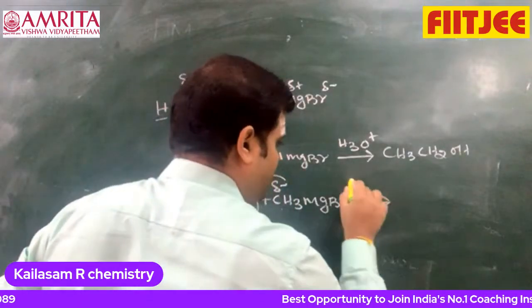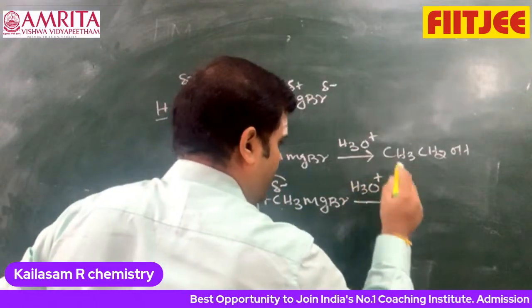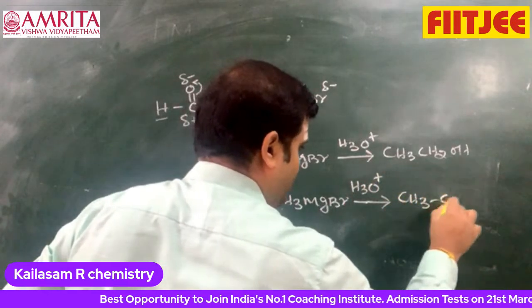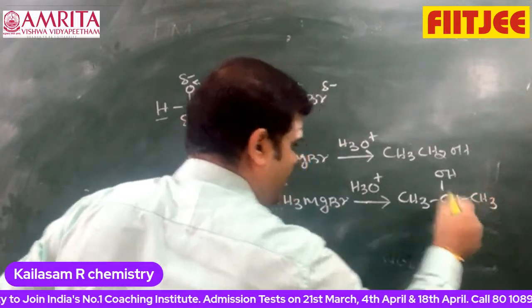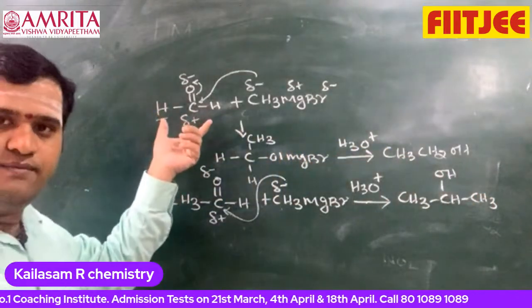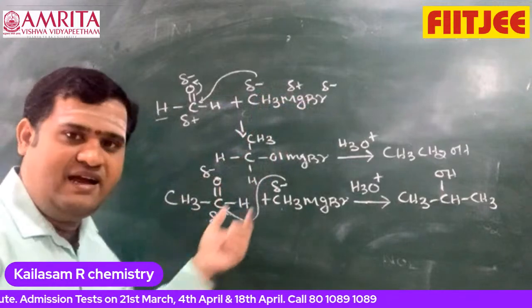Then H3O plus, and what I get is CH3CH(OH)CH3. So formaldehyde gave a primary alcohol, and acetaldehyde gave a secondary alcohol.